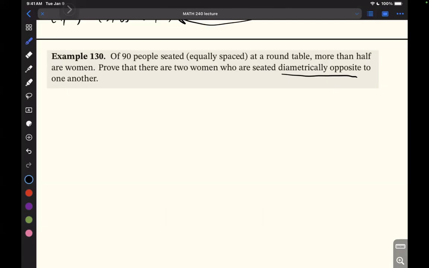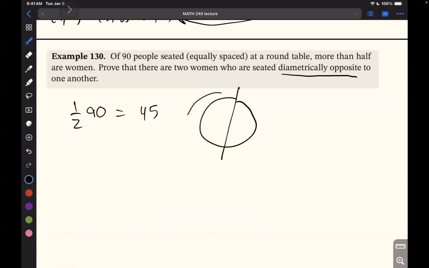Well, we were saying, like the last one, half of 90 people is 45. So if you had all of the women on one side, or like every other one, you have more than half are women, so there has to be at least one on the other side.